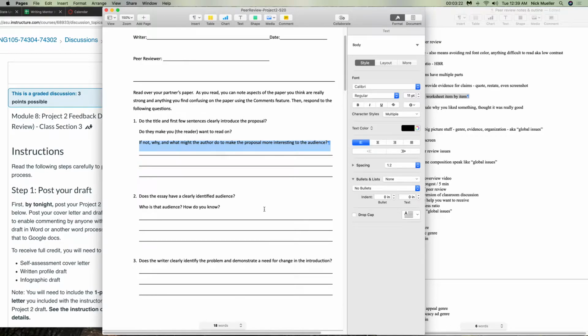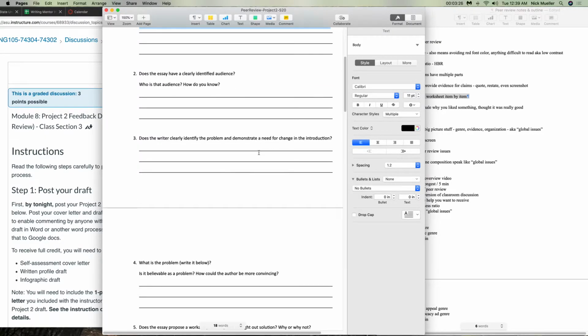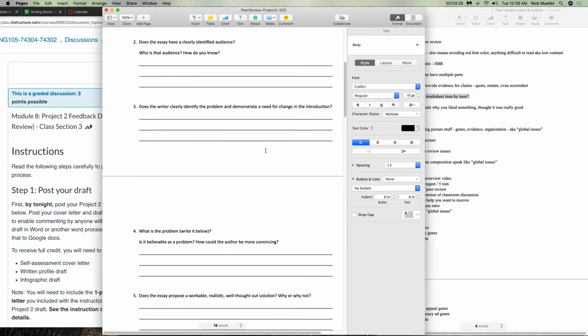Going on to prompt 2, does the essay have a clearly identified audience? You can check out the audience identification tool in the modules over here in Canvas to help you with this. Part of figuring out who the audience is looking at where the problem in the community is occurring. Is it in Dallas-Fort Worth, or is it some broader nationwide problem?